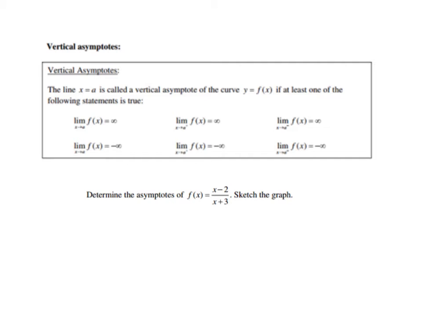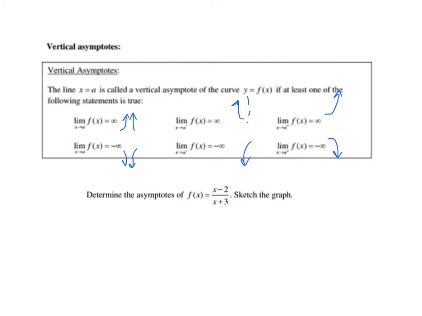For instance, this one means this, and this one means that, right? They're together, both on the same. This one means that from the right, it's positive infinity, or from the right, it's negative infinity. From the left, I'm having a hard time reading that, but I think it looks like that.